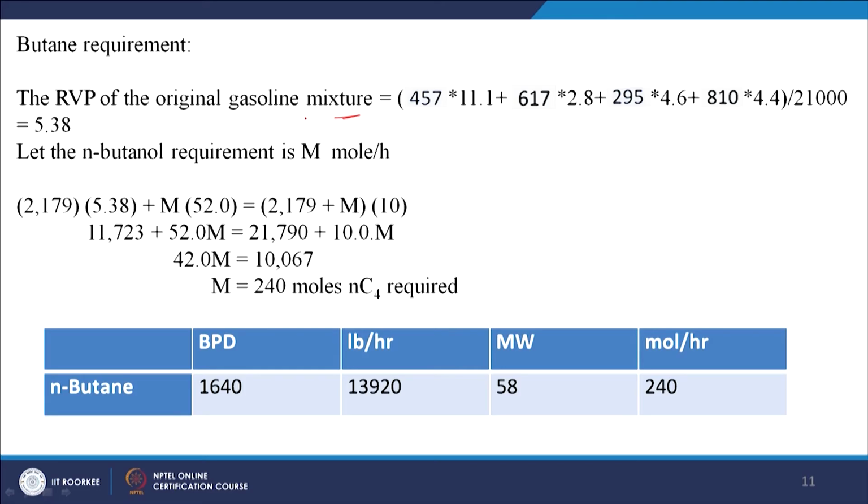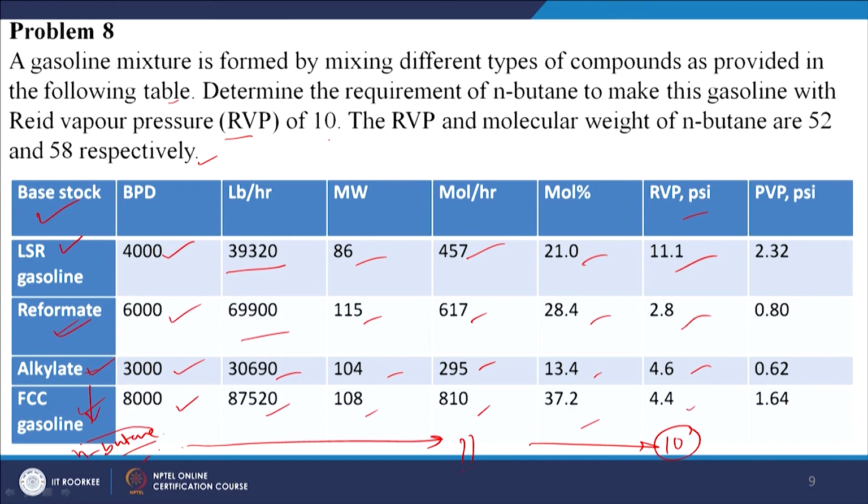So, we can get mole per hour if we take 1 hour basis, so this will be the mole and this will be the RVP. So, this into this plus this into this plus this into this plus this into this, sum it up, then divide it by the sum of this.